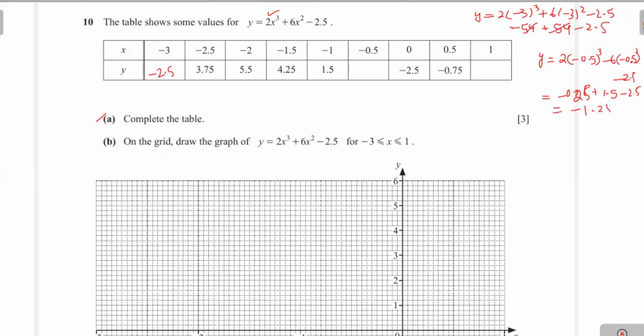When we take the value of x as 1, the value of y will be equal to 2 plus 6 minus 2.5, which is 8 minus 2.5, and this will be equal to 5.5. And these are the missing values. In part B, on the grid, draw the graph of y equal to 2x cubed plus 6x squared minus 2.5.